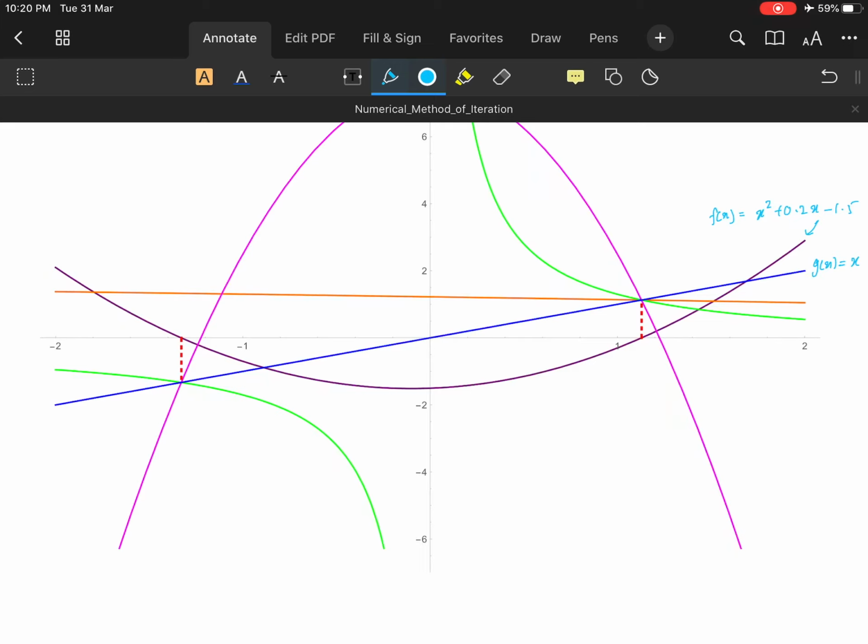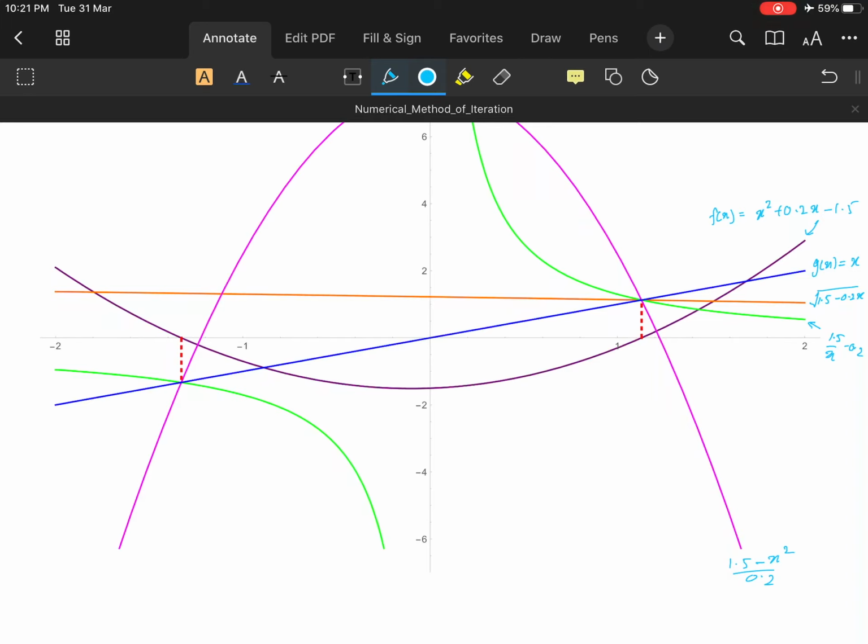This one is the square root of 1.5 minus 0.2x, and this one here is 1.5 over x minus 0.2, and this one is 1.5 minus x squared over 0.2.